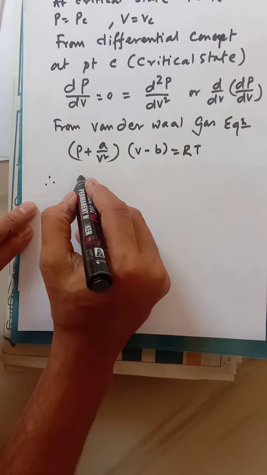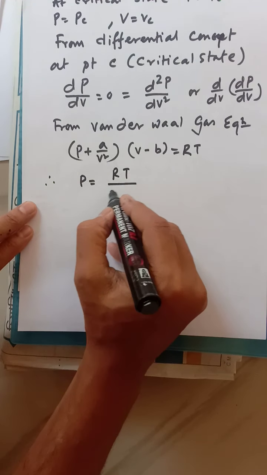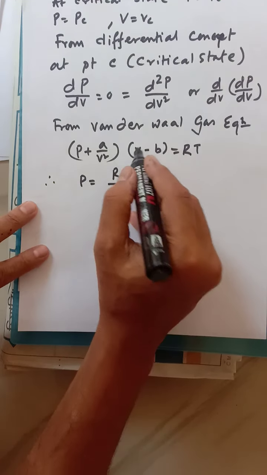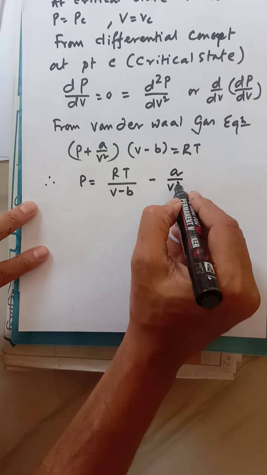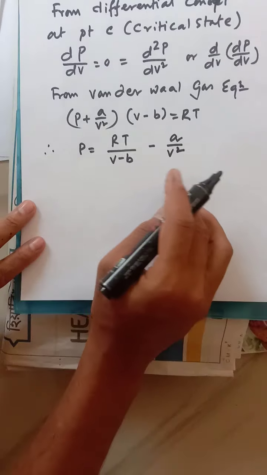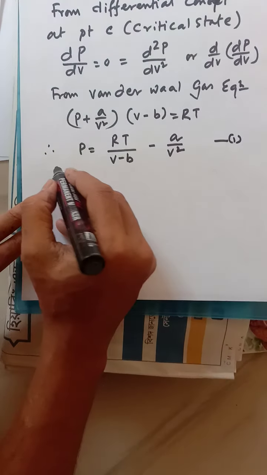Therefore, P equals RT divided by (V minus B), minus A by V square. It's a very simple mathematical operation. Let me consider it as equation number 1.